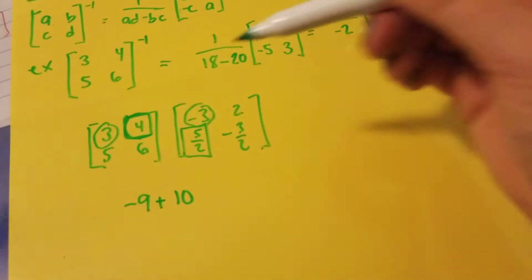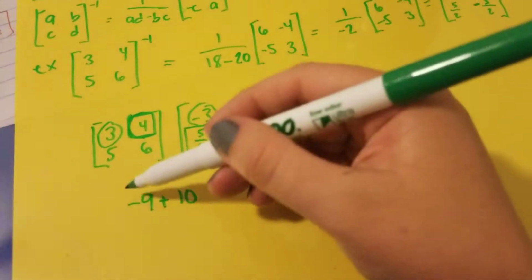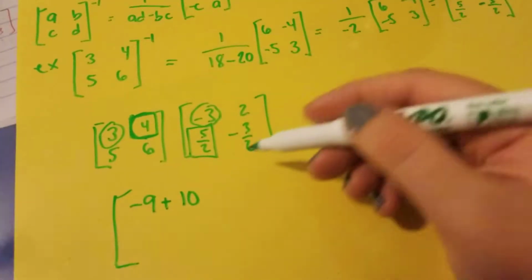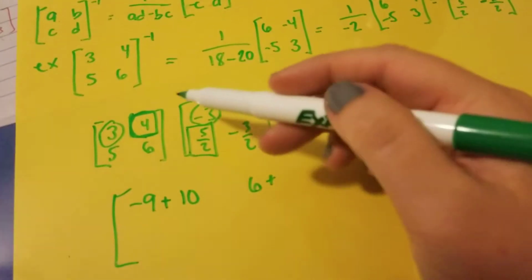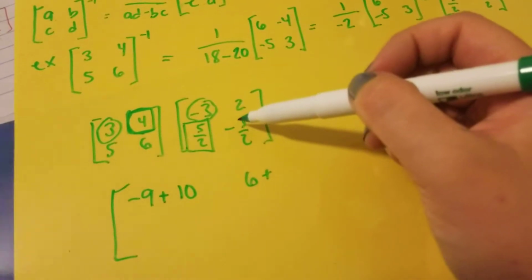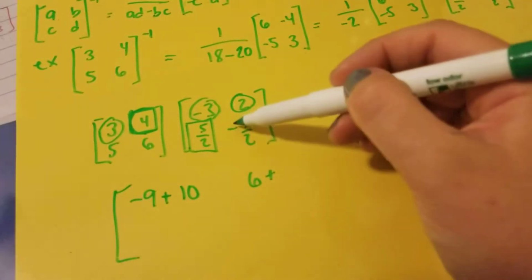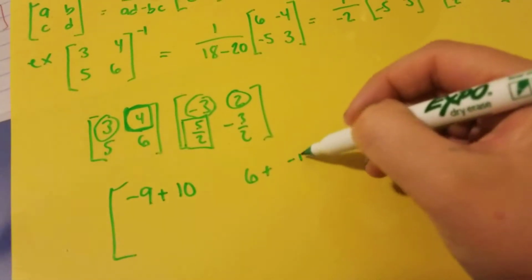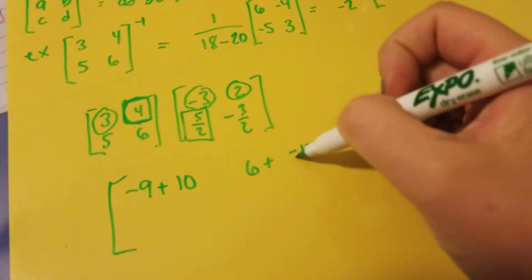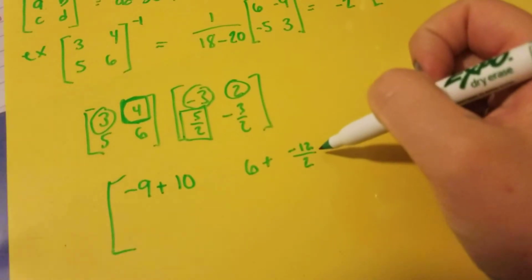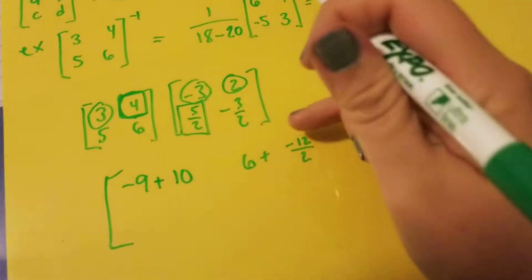Then the second one: 3 times 2 is 6, plus 4 times -3/2, which is 4 times -3, which is -12, over 2, which is -6.